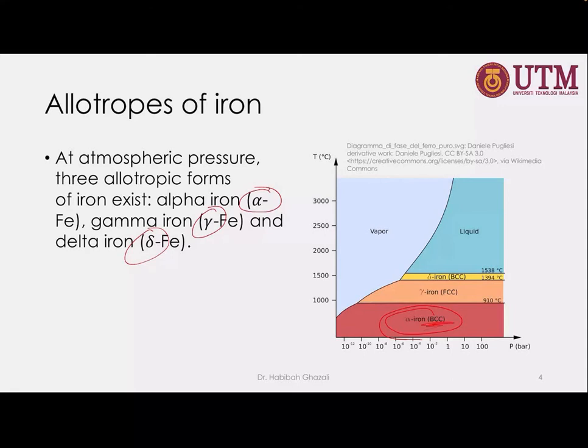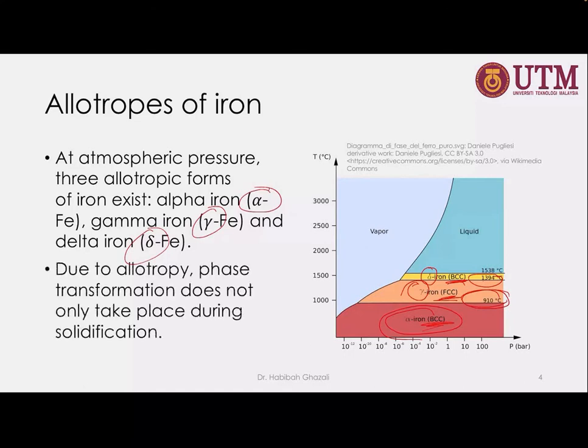We call it ferrite or alpha iron. I'm talking about pure iron. At 900 Celsius, you get austenite. And above that temperature, you get delta. It is BCC. So different allotropes have different structures at different temperatures.